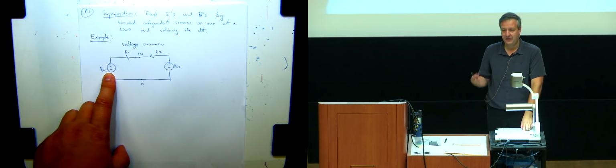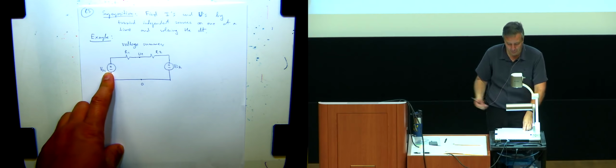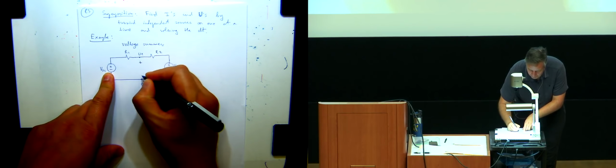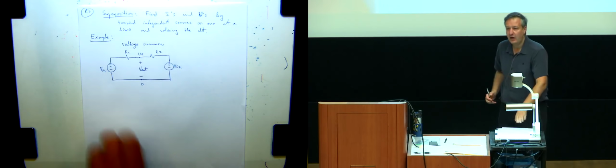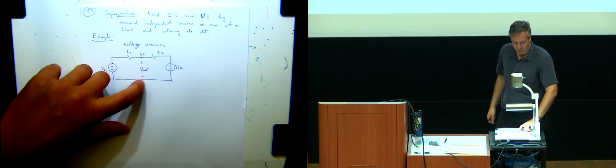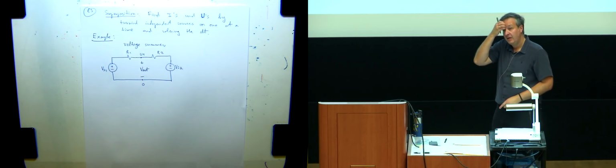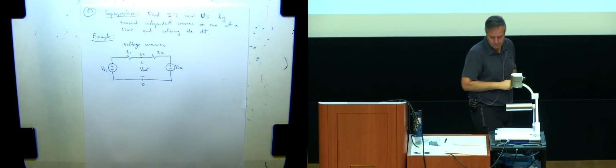The summer is supposed to produce some weighted sum of these source values, so I'm going to measure that value as V out, between this potential U1 and 0.